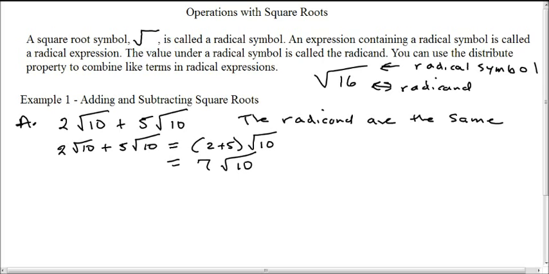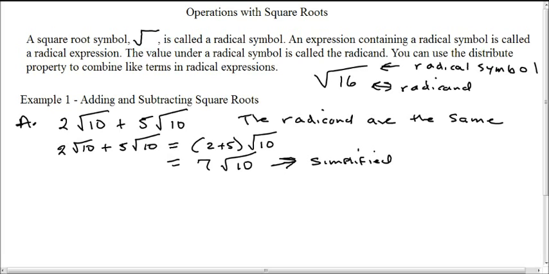Now, of course, this is simply called simplifying. We didn't solve it or evaluate it, we just simplified. We know that we could go on further and call this square root of 10 about 3.1, times 7, and get a different figure. But in this exercise, we're just simplifying.